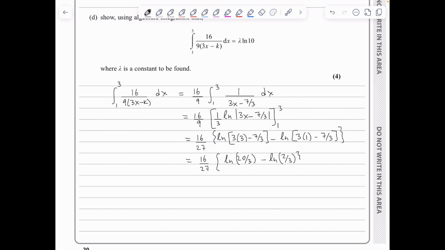Now we know that the difference of the two logarithms can be written as a single logarithm. It's going to be ln of (20/3 divided by 2/3), which gives me 16/27 ln 10.